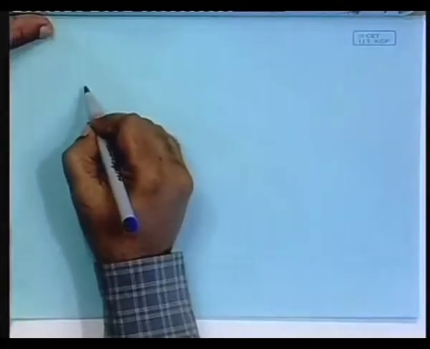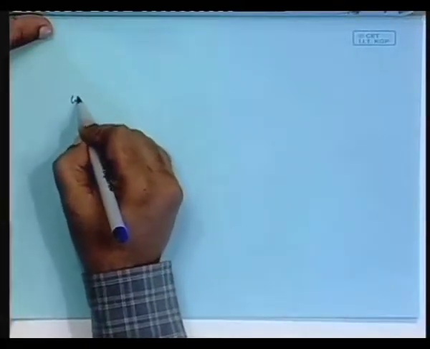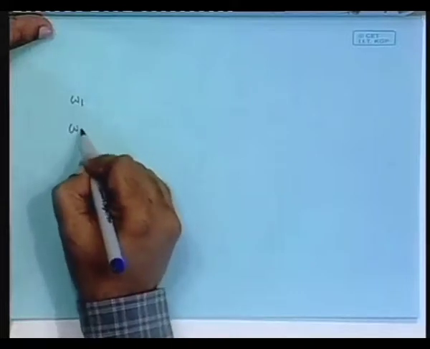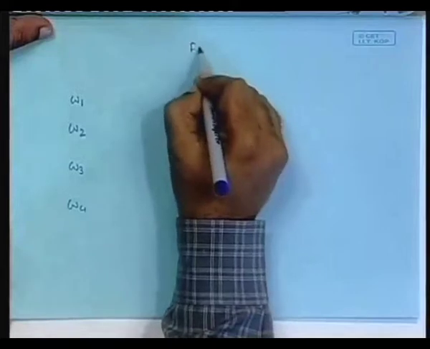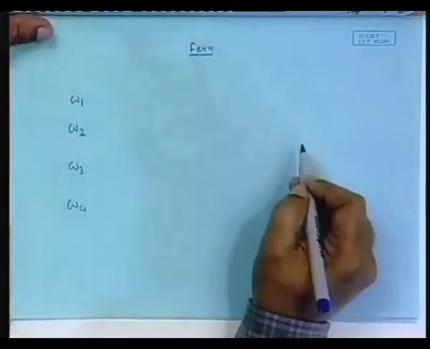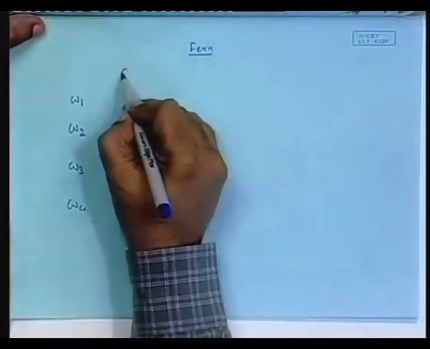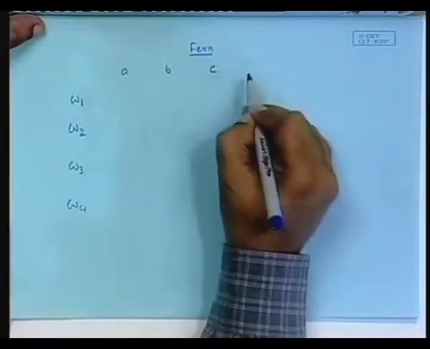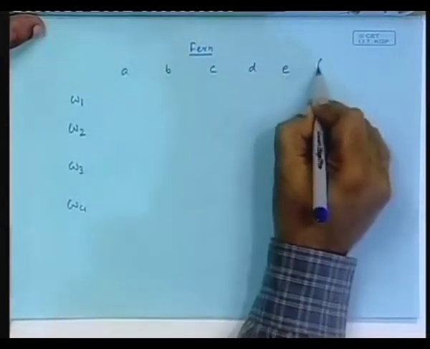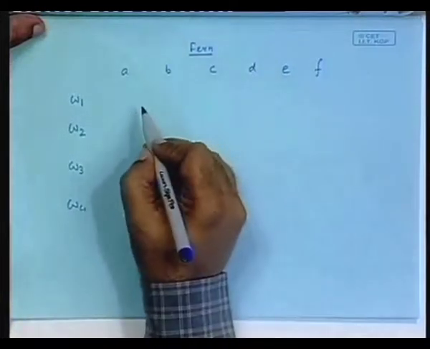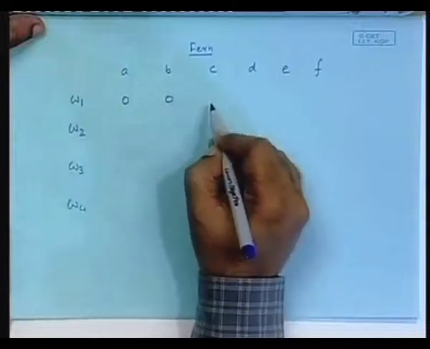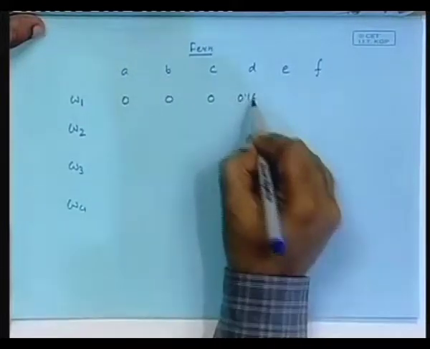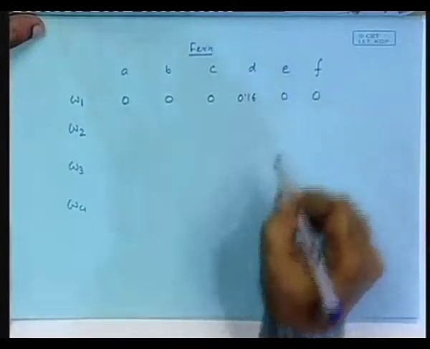For the fern, again, you need 4 of them, W1, W2, W3, W4. A, B, C, D, E, F. 0, 0, 0, 0.16, 0, 0.